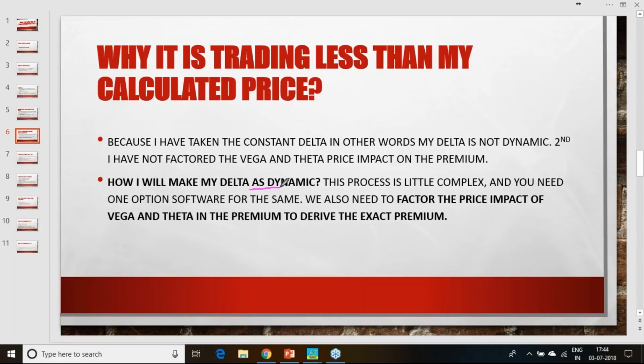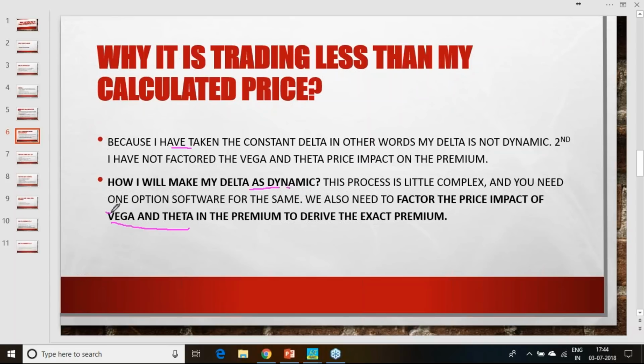Whatever the real values that happened, and whatever I have calculated, it has missed by a few points because my delta was not dynamic. It was a constant. I just took the morning opening price. And the option price is not only dependent on the delta, it also has some impact from Vega and Theta, which you are going to learn in the next two sessions.